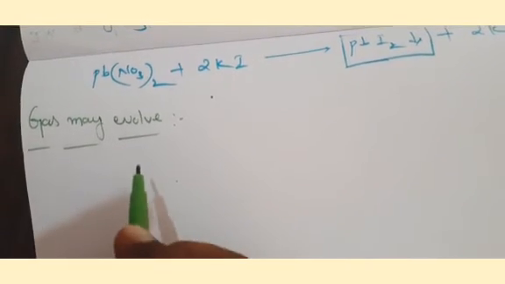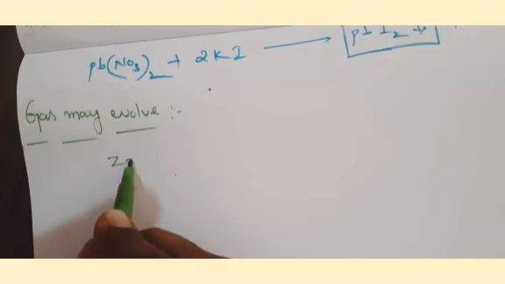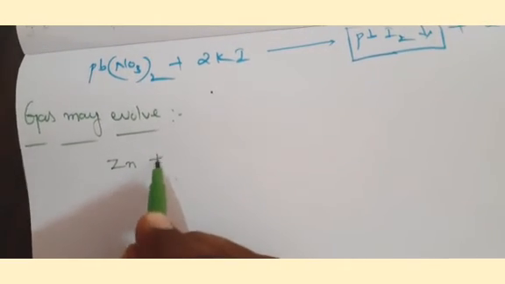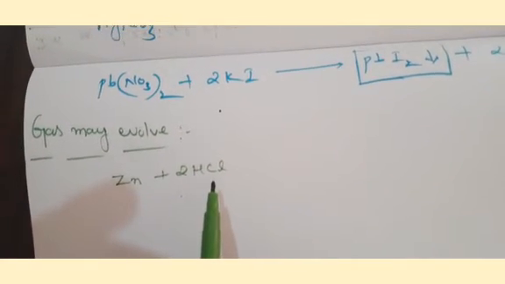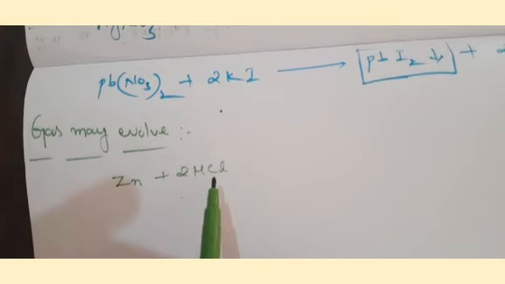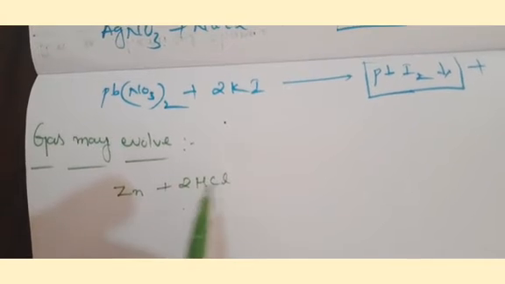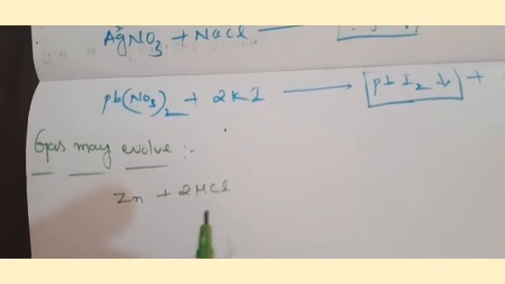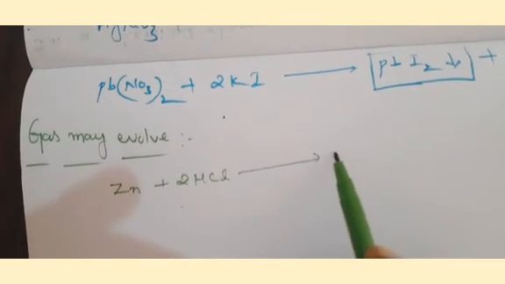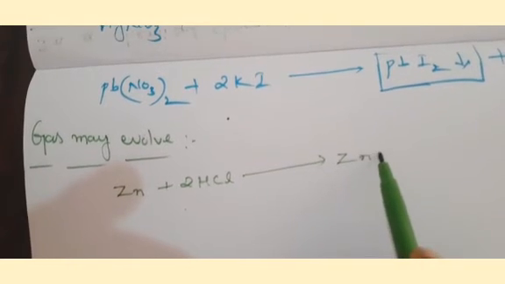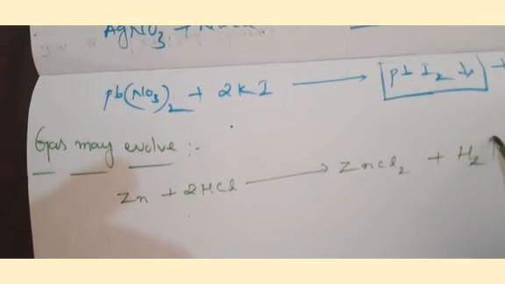See, when zinc granules are added to hydrochloric acid, if you take a conical flask and add a few zinc granules, and later pour some HCl onto the zinc granules, the reaction will give zinc chloride plus hydrogen gas. Understood?